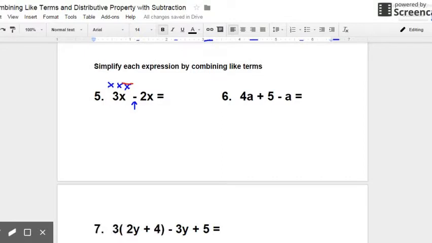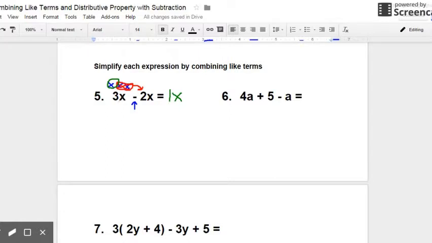We're going to take 2 of these, 1, 2, because this number is 2, and we're going to get rid of them. We cross them out. Those x's go away. So what are we left with? We're left with 1x, or x.